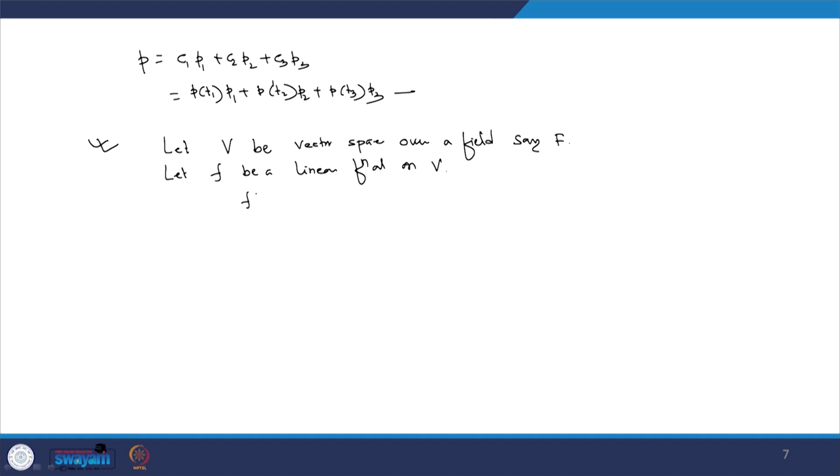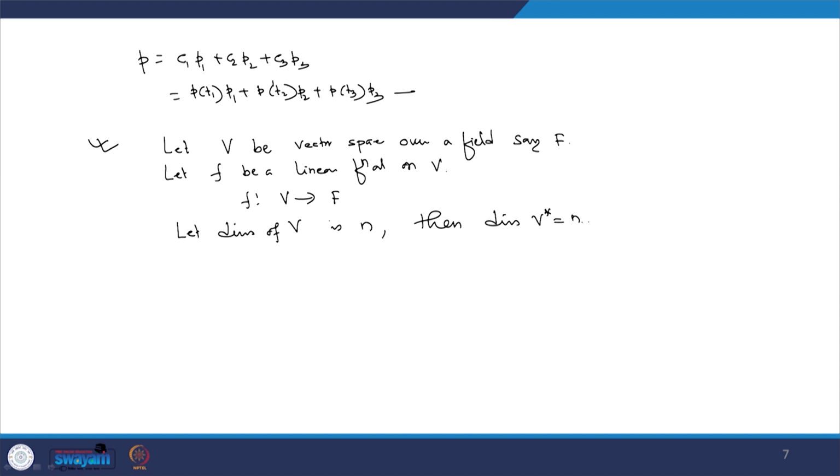So, F is basically mapped from V to capital F. Let the dimension of V be n, then the dimension of V star is also equal to n, because the dimension of F is equal to 1.